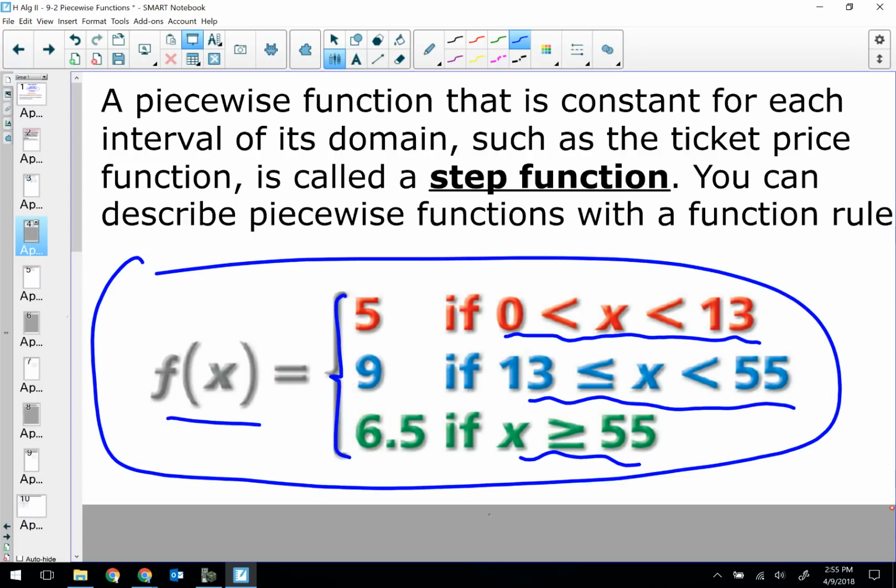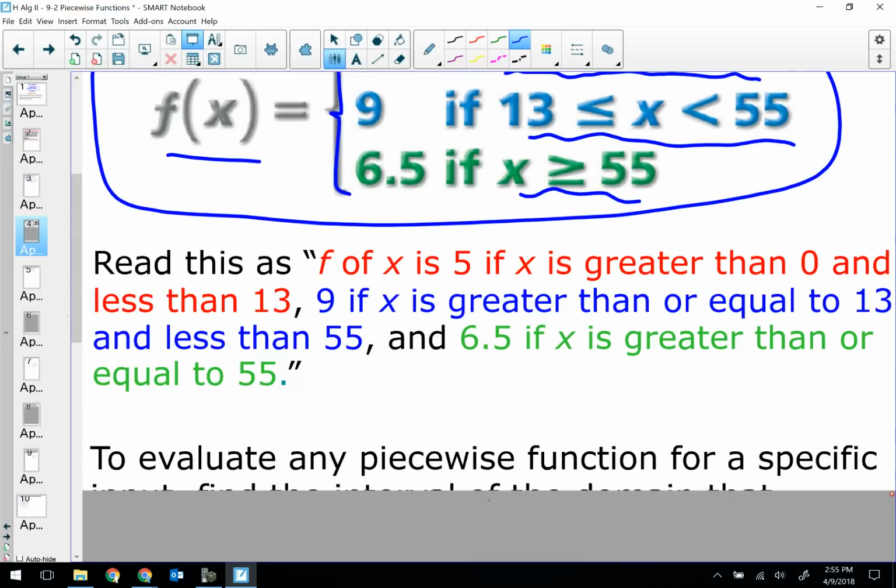If you're between 13 and 55, you're going to pay $9. If you're older than 55, you're going to pay $6.50. This is what a piecewise function looks like. It gives you your domain, and it says, find out which part of your domain you're in. That part of the domain will tell you your output. See where your input is, and the output will follow. That's what any piecewise function does.